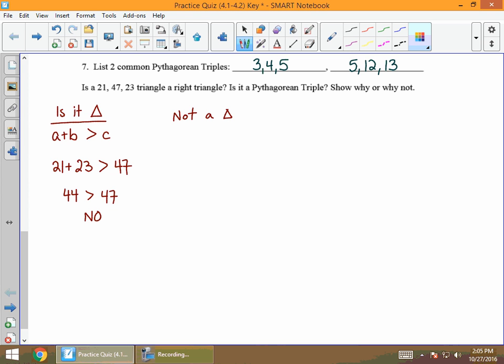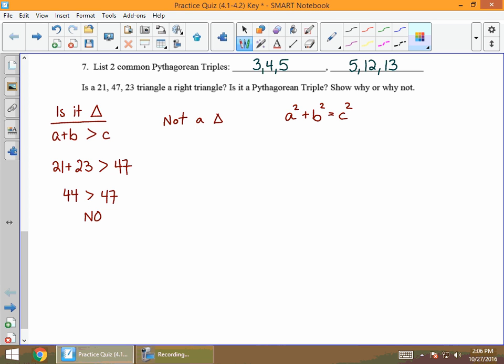Now, just for the sake of argument, let's pretend that this did work. Let's say that I did 21 plus 23, which is 44, and let's say that my other side was 43. So 44 is bigger than 43. The second step would have been checking to see if a squared plus b squared equals c squared.